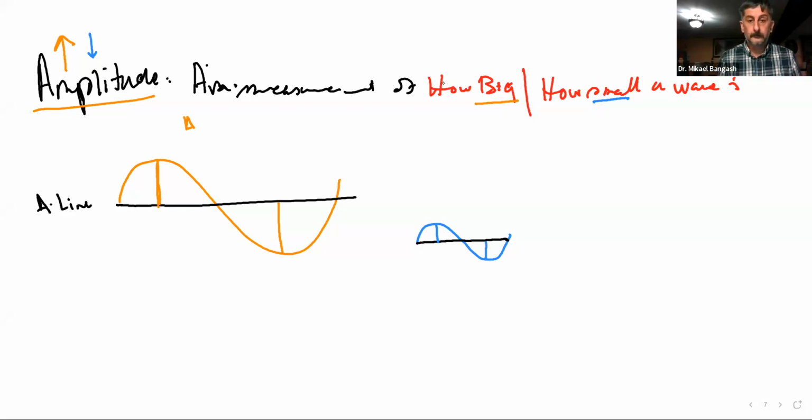So for this wave here, this is going to be your amplitude, or this is going to be the amplitude. Likewise for the blue wave, which is a small wave with a small amplitude, this is going to be the amplitude, and this is going to be the amplitude.